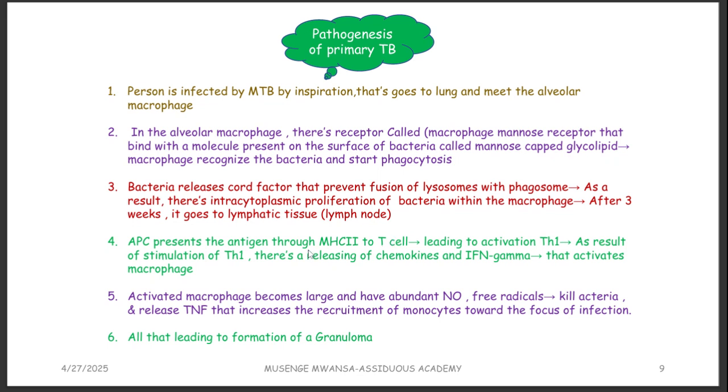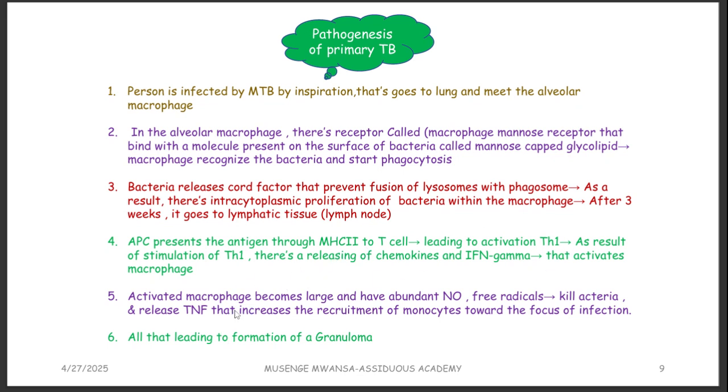So the antigen presenting cells, the macrophages, will take the bacteria to the T cells. That will lead to the activation of the T helper 1. And when you activate the T helper 1, because of the bacteria that you are presenting, they release chemokines and interferon gamma. And these guys, the interferon gamma and the chemokines, will activate other macrophages.